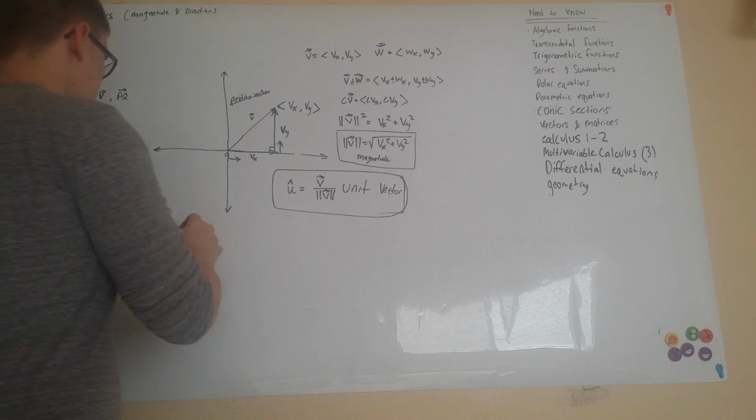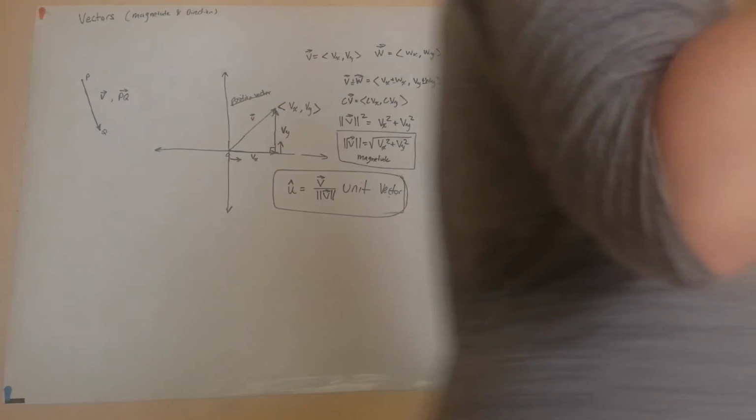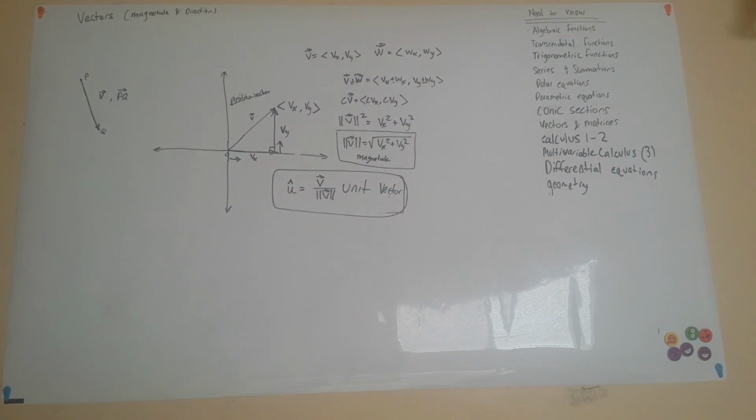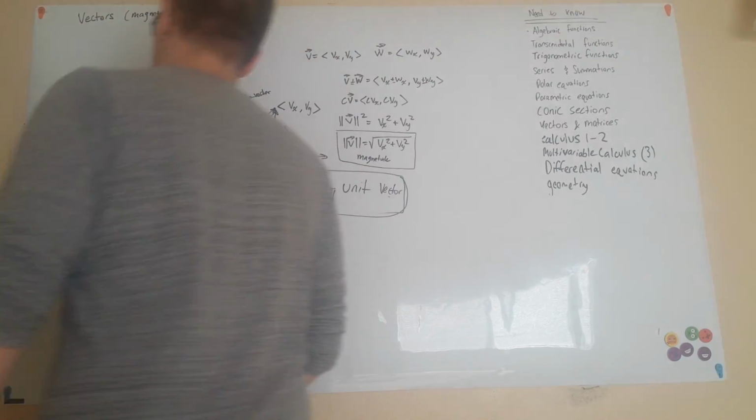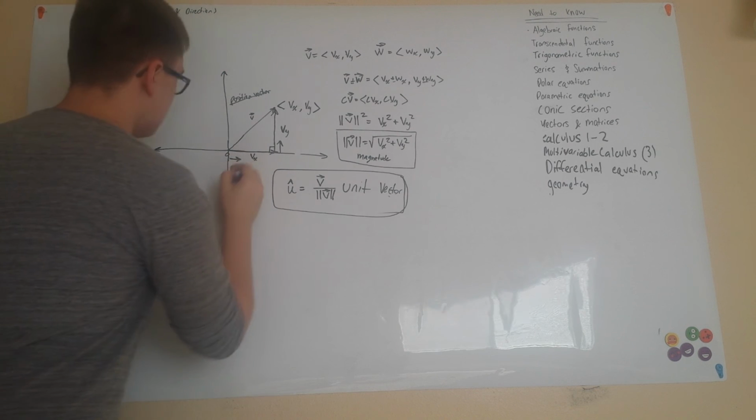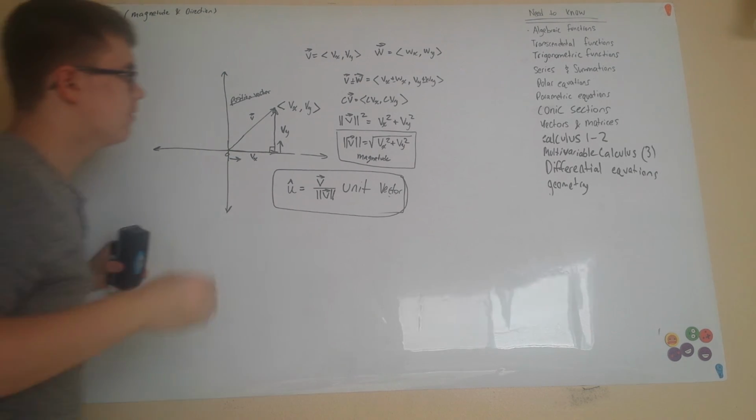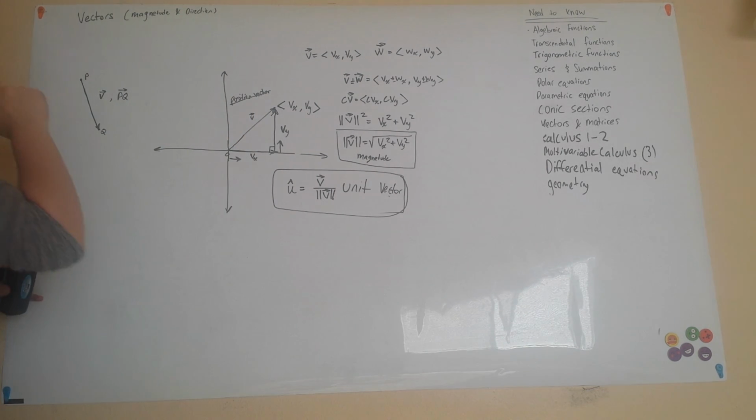And these vectors are called standard unit vectors. I kind of forget the names. But the standard unit vector looks like this.